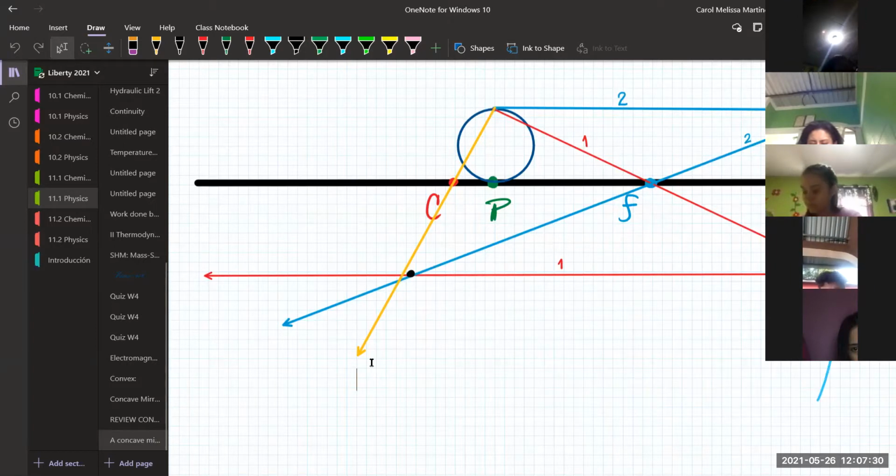So the intersection occurs approximately here, not there, okay? So in that point, that height is going to be the height of my image.